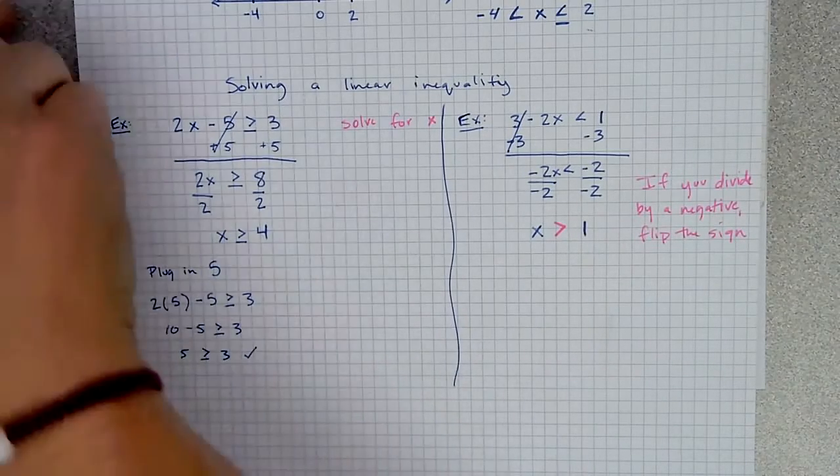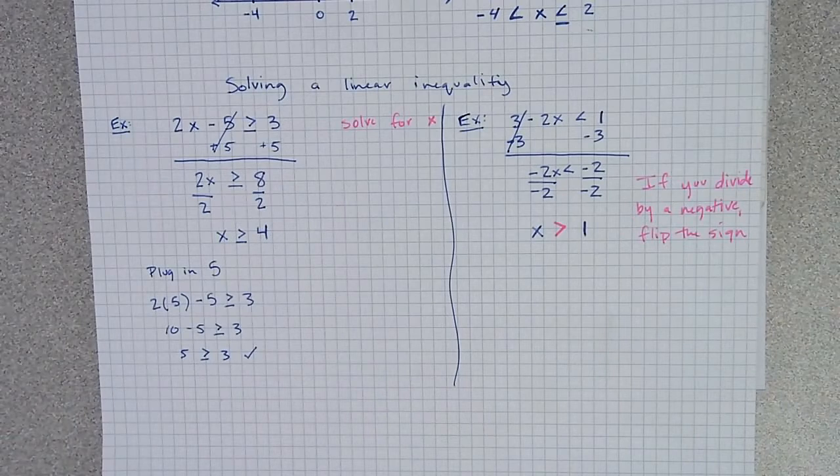Okay, so that's going to be big this chapter. When we move on to two variable inequalities, it's going to be the same thing.